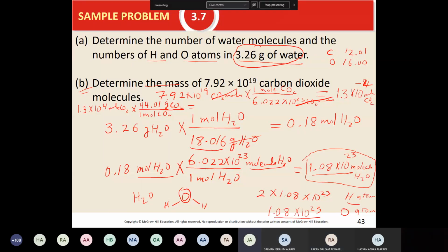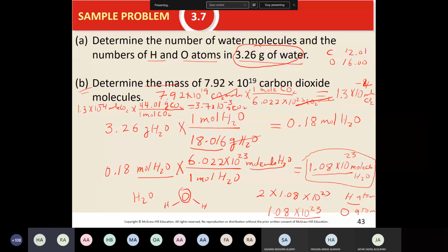Give me the final answer. Doctor, I think 3.7 multiplied by 10 to the power minus 3 gram CO2. Is this clear?